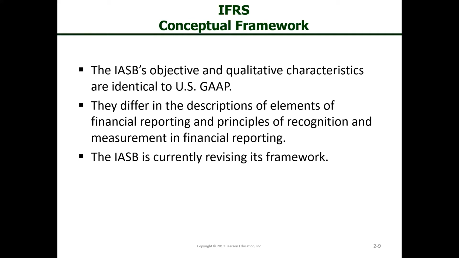The IASB's objective and qualitative characteristics are identical to US GAAP. However, they differ in the descriptions of elements of financial reporting and the principles of recognition and measurement in financial reporting. The IASB is also currently revising its framework.